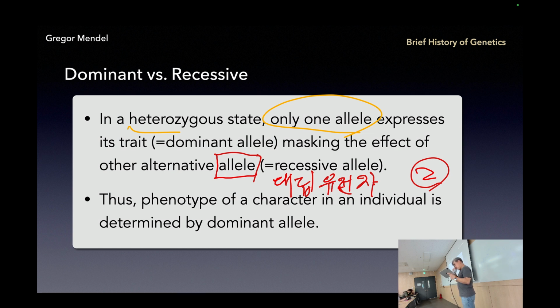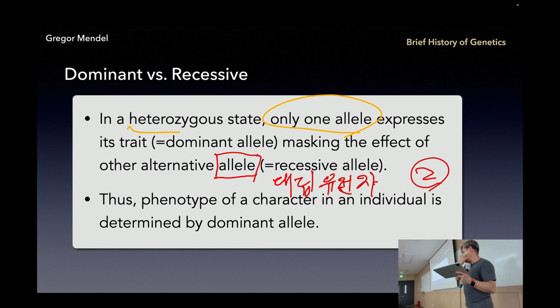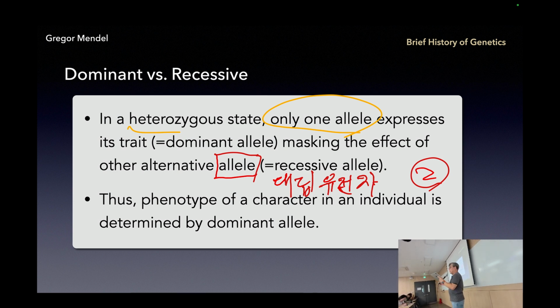However, if I ask a different type of question regarding alleles: what is the maximum number of different alleles that can possibly occur for a single, particular character? A given character can have how many different alleles?